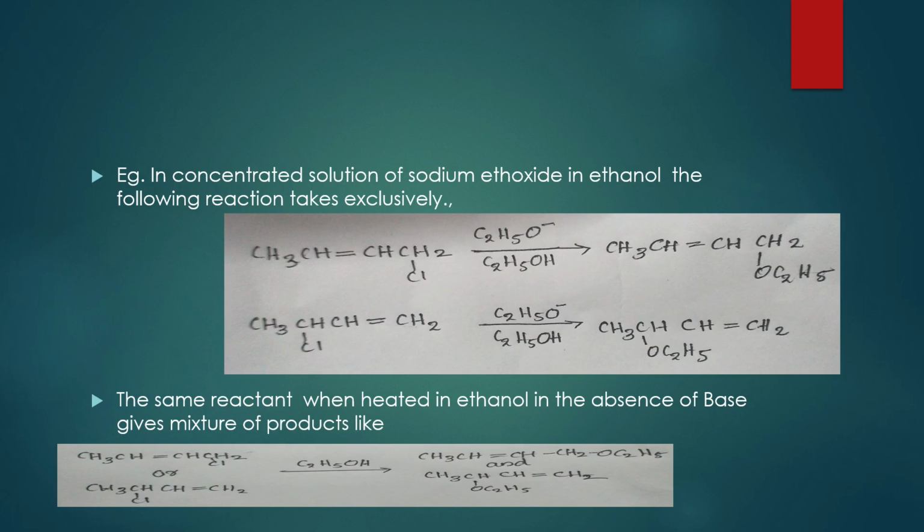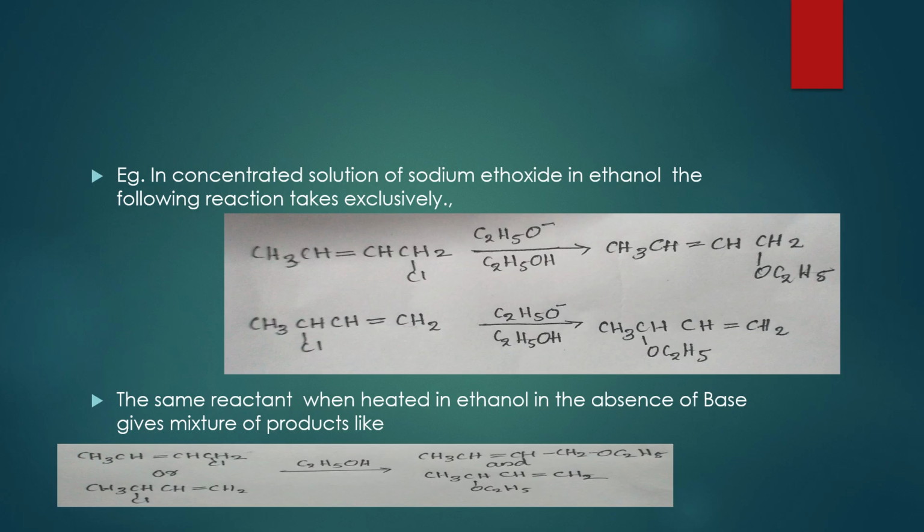Here the nucleophile used is a concentrated solution of sodium ethoxide, meaning the ethoxide ion, which is a strong nucleophile. So it takes up the SN2 reaction, and we know that it will not give any rearranged product because carbocations are not formed as intermediates.